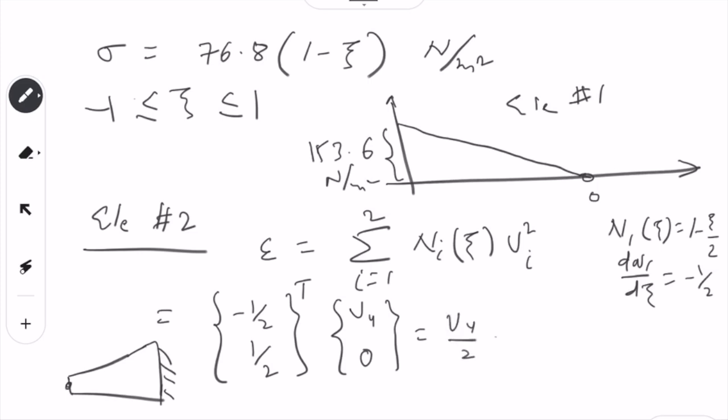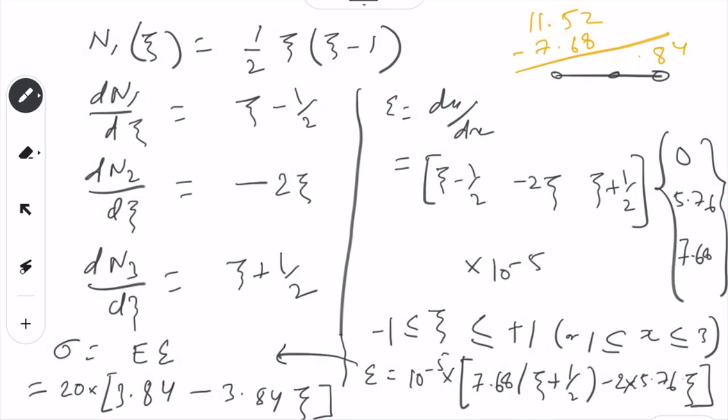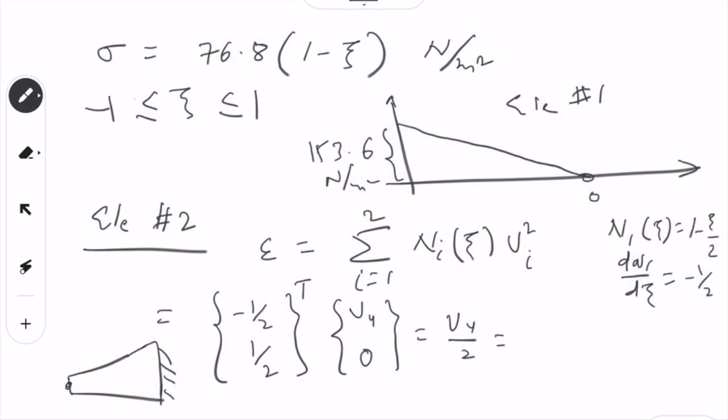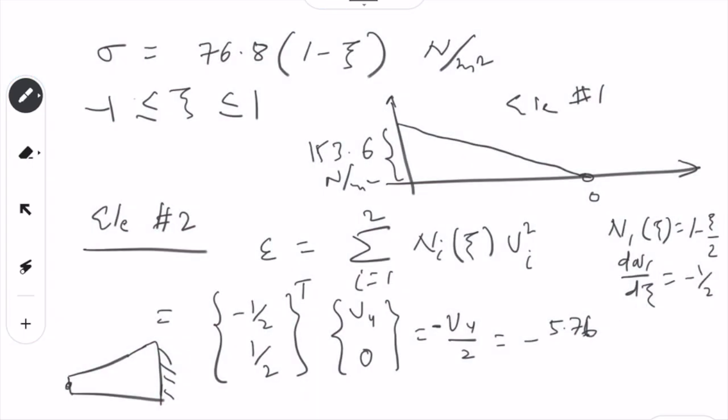And u4 is 5.76, and we also have a minus sign, it has to be minus because of this minus, so minus 5.76 times 10 to power minus 5, divided by 2.